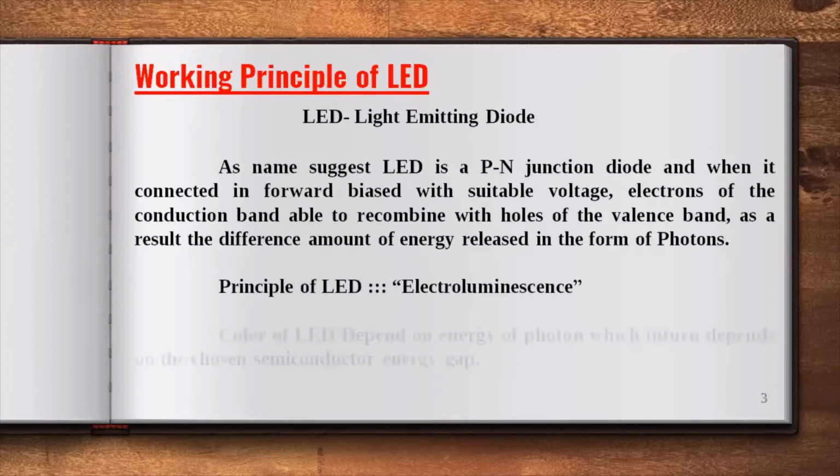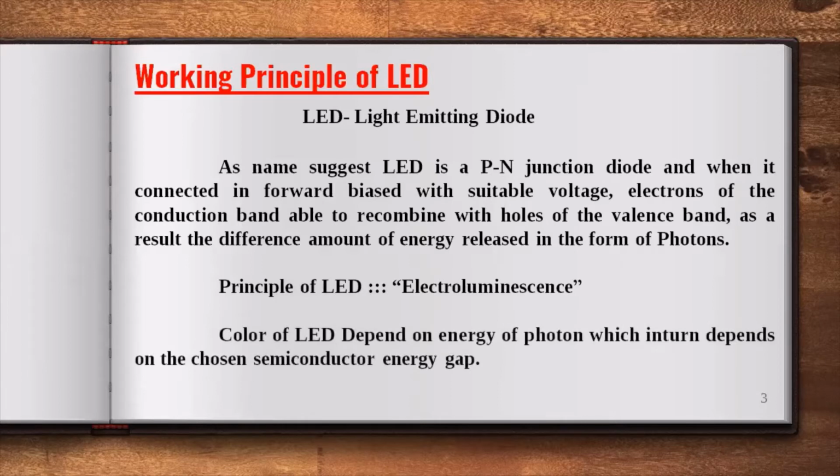The color of the LED depends on the energy of the photon, which in turn depends on the chosen semiconductor energy gap. So the chosen semiconductor is one of the basic criteria to decide the color of the output.